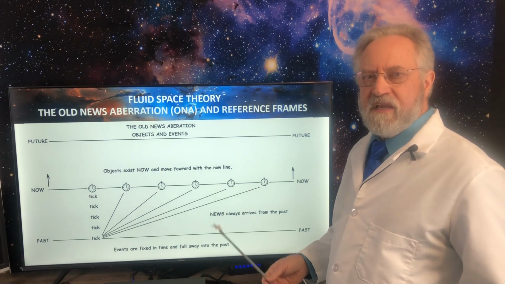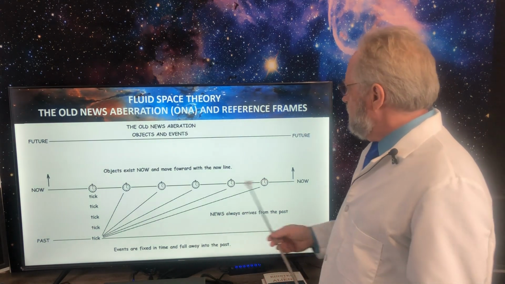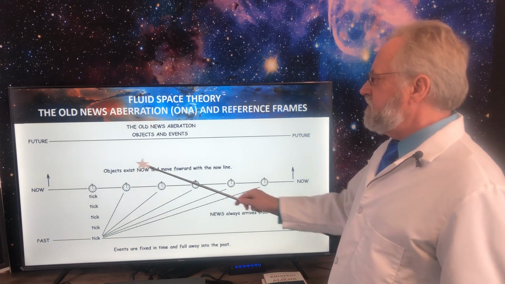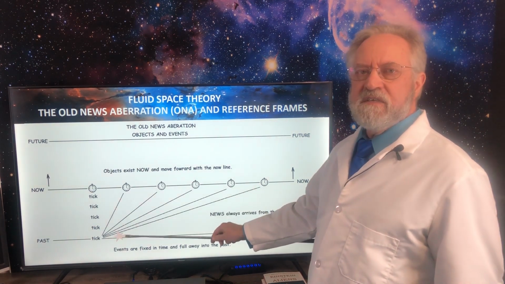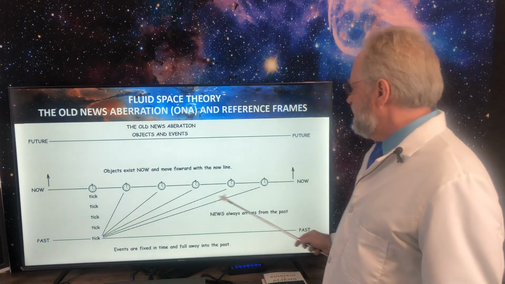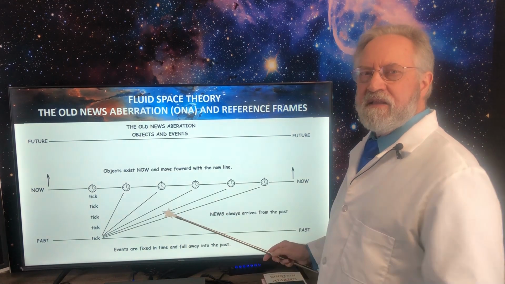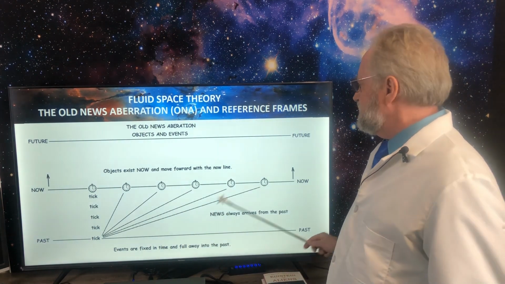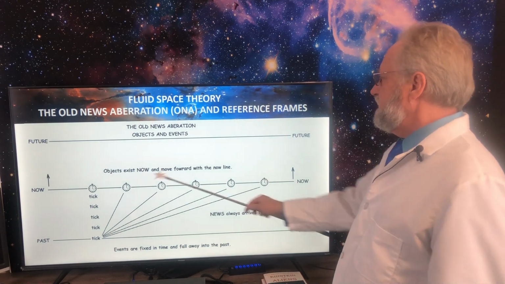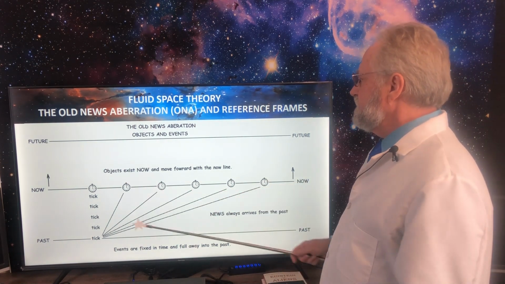So the old news aberration comes about when the clocks are spread out and you're a long distance away from another clock. You won't see the tick of that clock or hear the tick of that clock for a delayed time. So you're always looking at an after image of what that clock says. So if all these clocks are synchronized and you look at that clock, you would say, no, they're not synchronized.